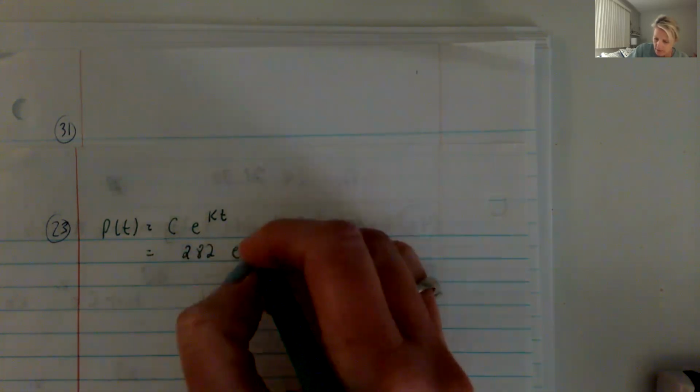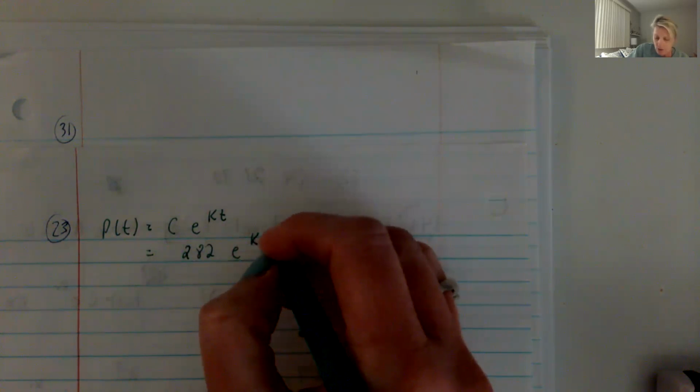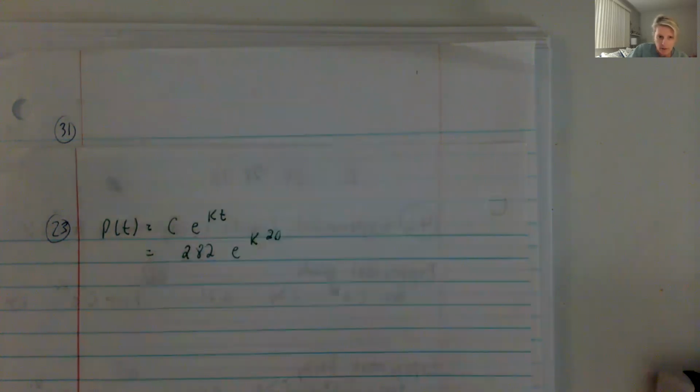C is our base population of 282, and that was over 20 years, growing to 335 million.